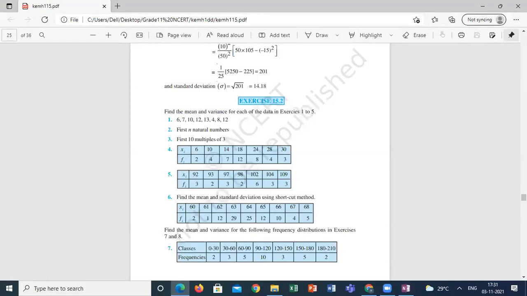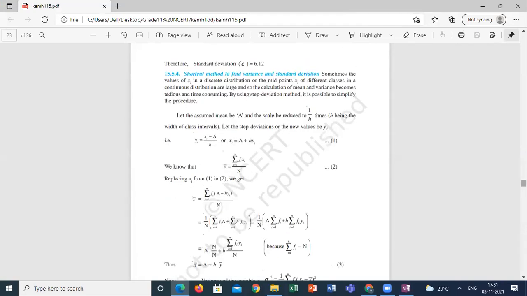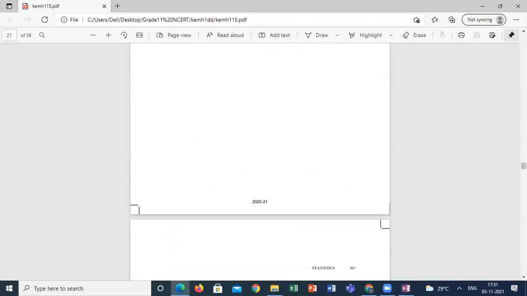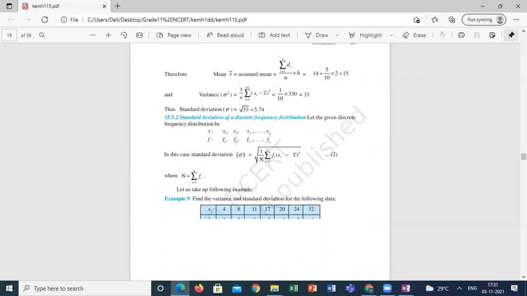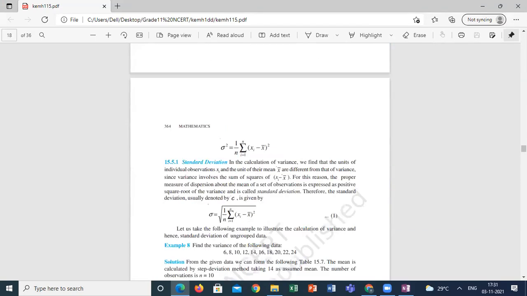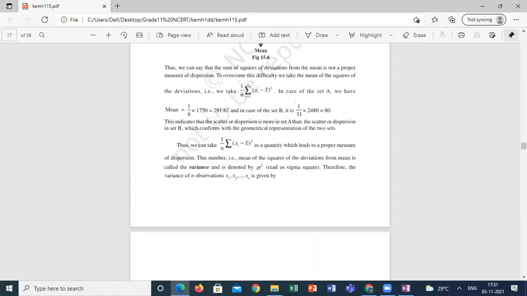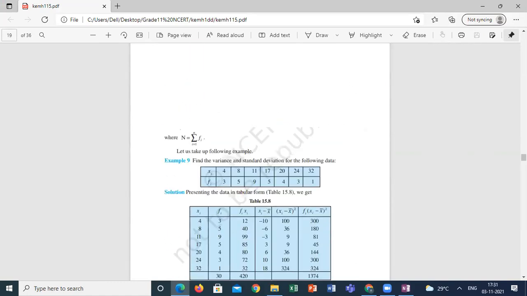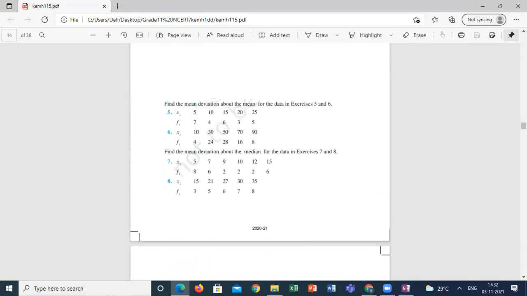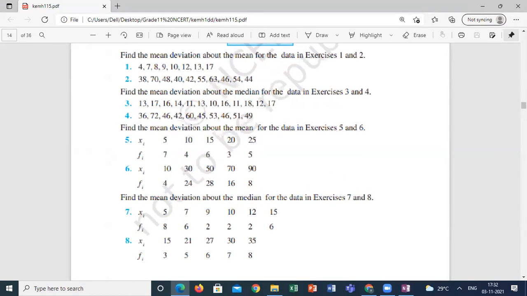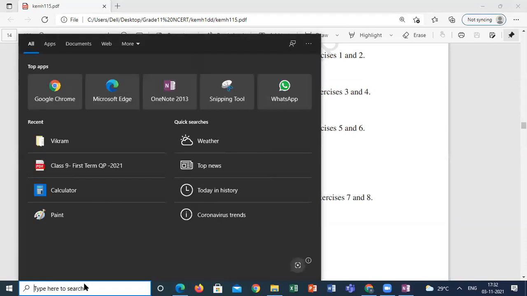This is exercise 15.2. Find the mean deviation about the mean, find the mean deviation about the median. So we will do the fifth one and the seventh one. If you are having any doubt in the sixth one and eighth one, we can discuss in the next class.